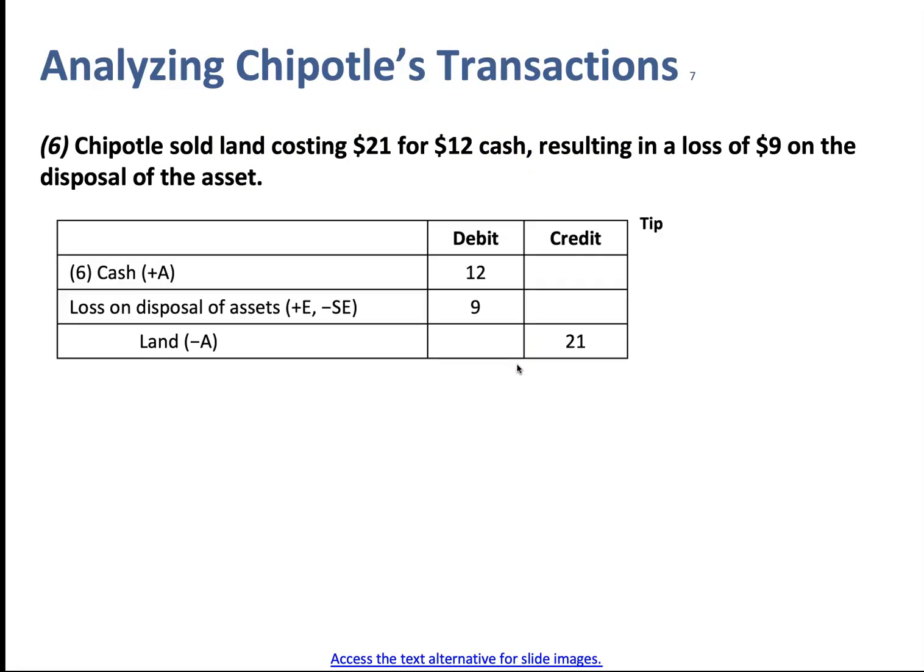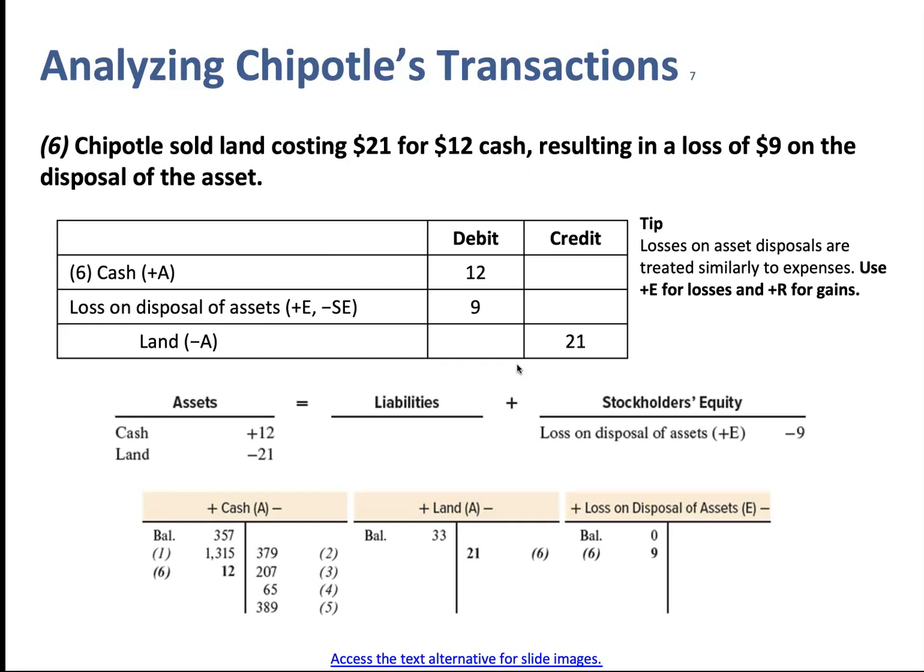All right, now let's take a look at the entry. As we discussed, we have received cash $12. We have given up a land for $21. Our debit needs to equal credit, so the debit 12 and the credit 21, the difference between the two is 9.